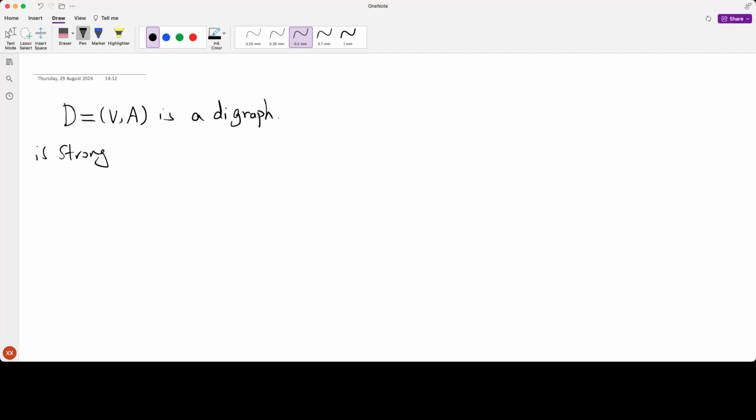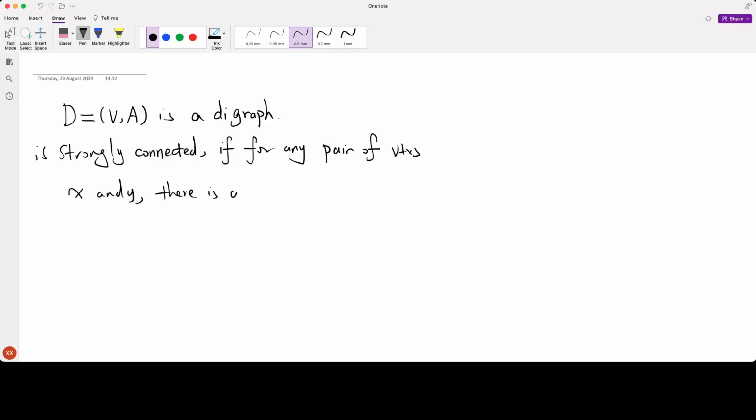It is strongly connected if for any pair of vertices, for example x and y, there is a directed path from x to y.